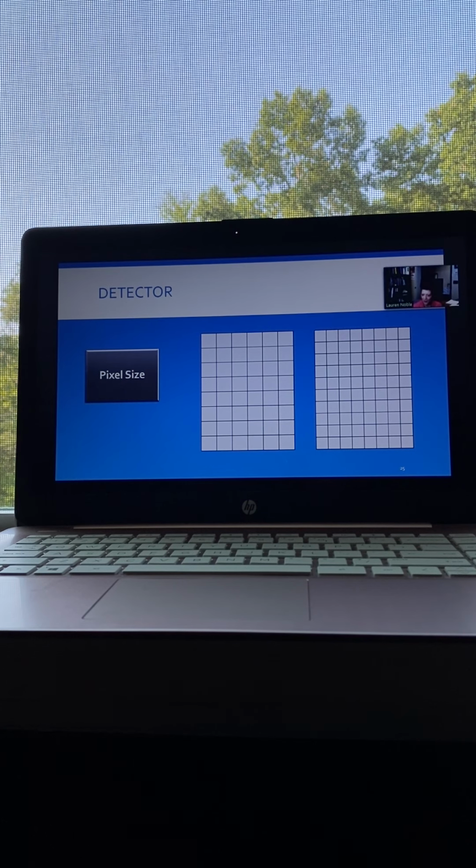We won't get into that right now because there's no need. But what I want you to understand for right now is that the pixel size, the dimension of these boxes that make up the image, will determine the spatial resolution. So pixel size is going to play a role.